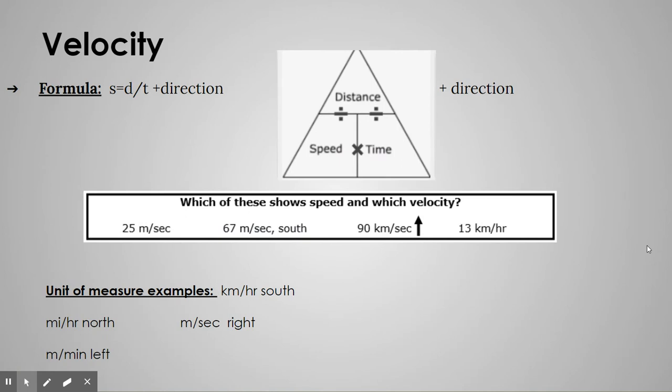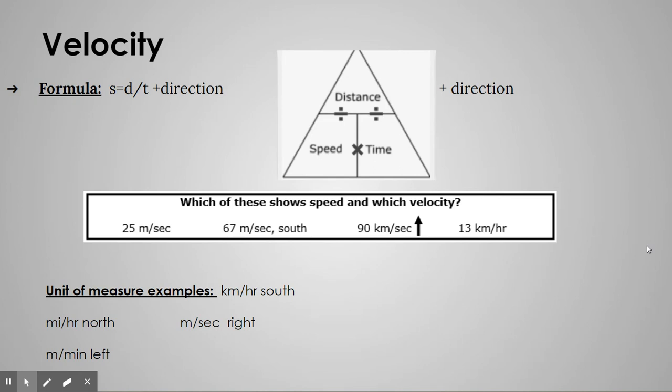Okay, the formula then is the same as the formula for speed. You're just going to put the direction at the end of it. So again, you may want to list this triangle, okay, and then plus direction. All right, so look at the box there. It says which of these shows speed and which shows velocity.